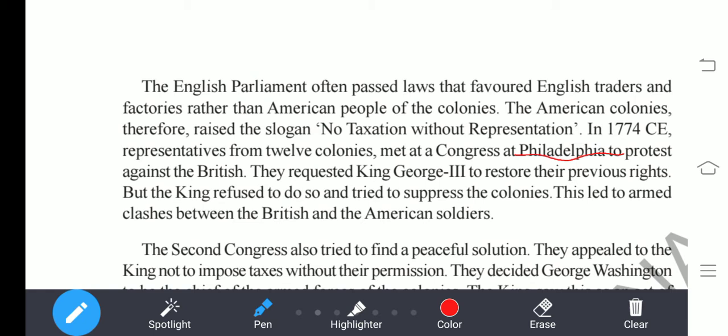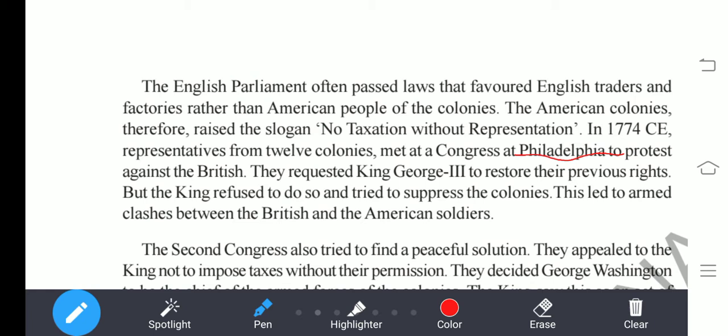Don't think your Congress in the sense is a political party. Clear? Congress in the sense it is a formal meeting for discussion between members of a group or delegates of a group. That is called Congress. Understand what is meant by Congress here?